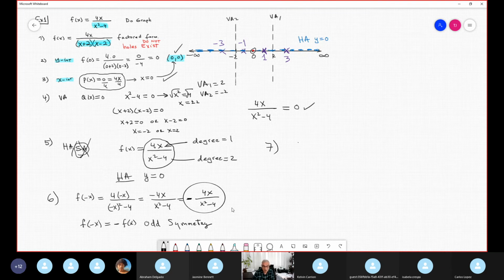So, f evaluated at 1 is 4 times 1 divided by 1 squared minus 4, plugging this into the original. 4 divided by -3 is -4/3, which in decimal approximation is 1.3 repeating, negative of course.